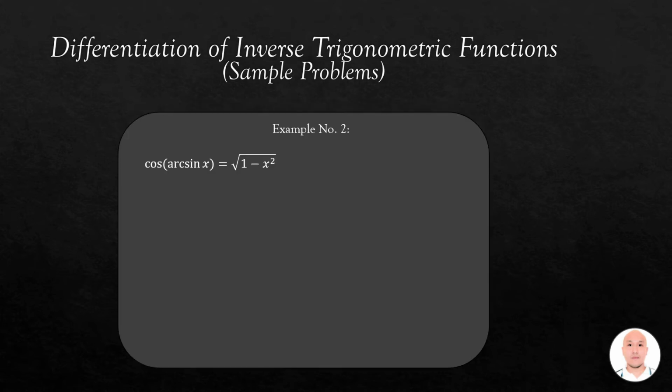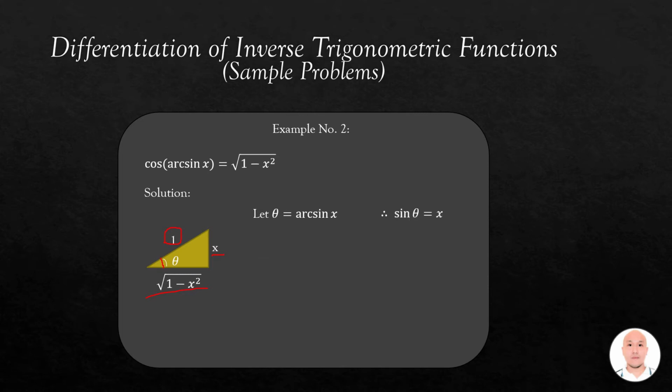Sample number 2, cosine of arc sine x is equals to square root of 1 minus x squared. The figure shows the triangle with the opposite side x, hypotenuse 1, adjacent is square root of 1 minus x squared, with the angle theta. So let theta equal arc sine x.